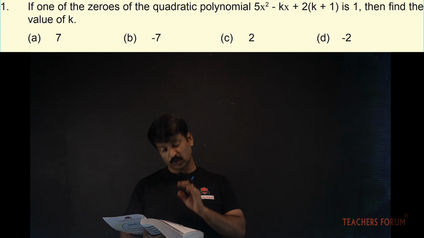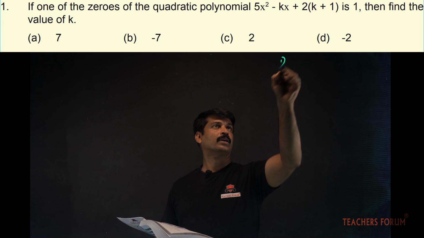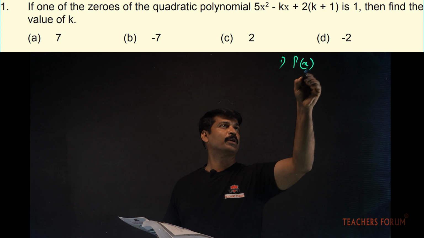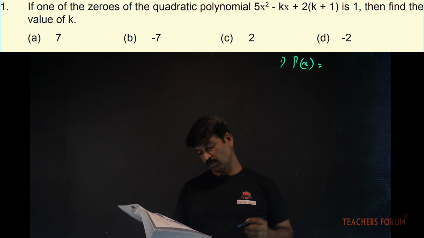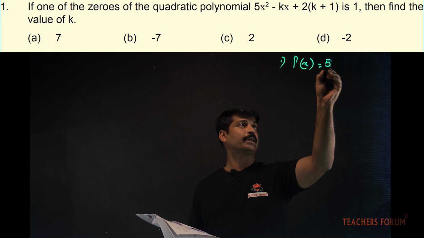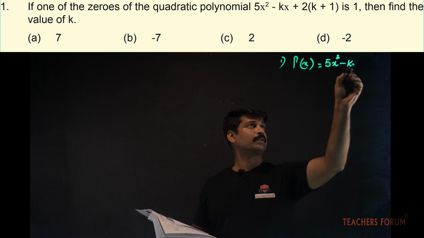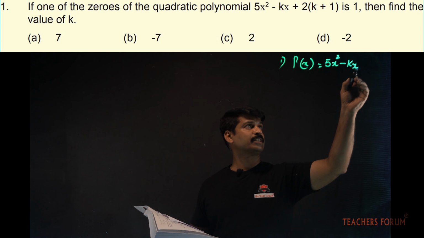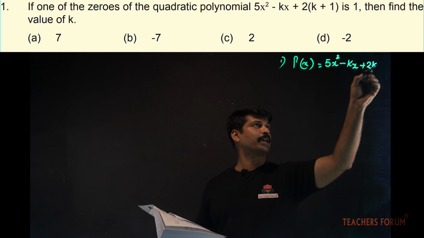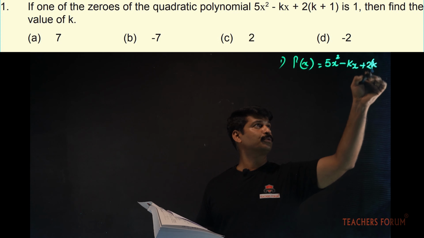You see, you are given a polynomial. Let us name the polynomial p of x. So, you are given p of x as 5x square minus kx plus 2k plus 1, which is 2 into k plus 1.